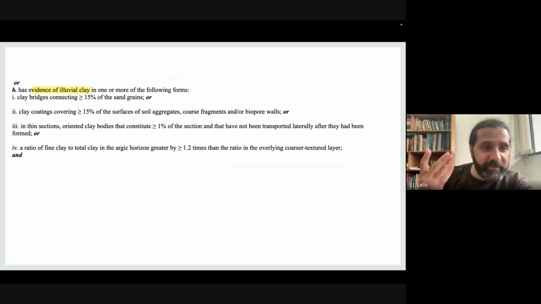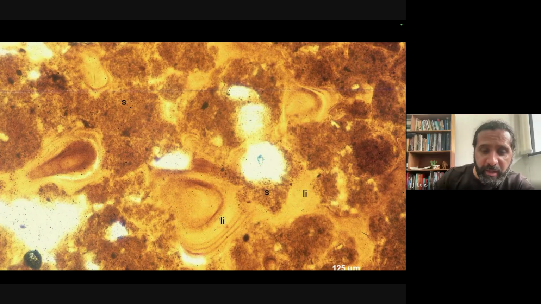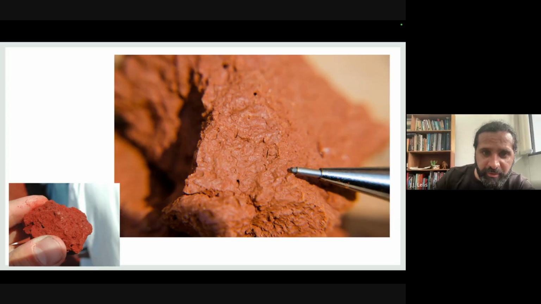So, as I said, some of them could register illuvial clay, some clay bridges, clay coatings, clay skins, anything that expresses this migration. And I already showed you some photos that express this, especially the clay skins. They are quite easy to see in the field after you have some training, okay?